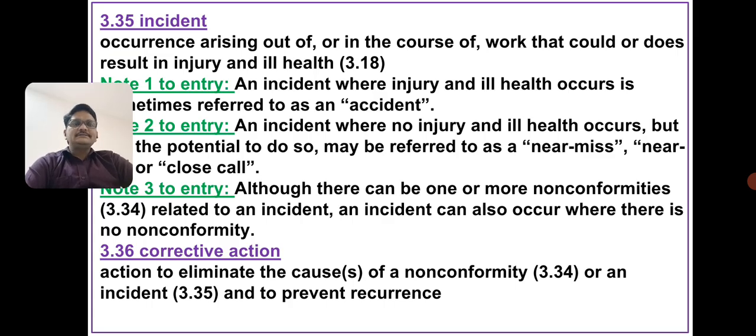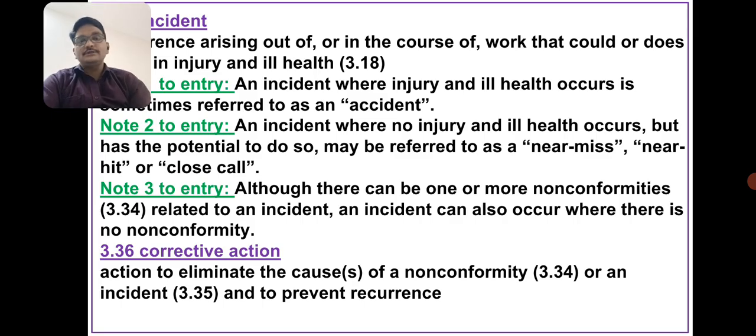An occurrence arising out of or in the course of work that could or does result in injury and ill health, that is an incident. An incident where injury and ill health occur is sometimes referred to as an accident, and an incident where no injury and no ill health occurs but has the potential to do so may be referred to as a near miss, near hit or close call.